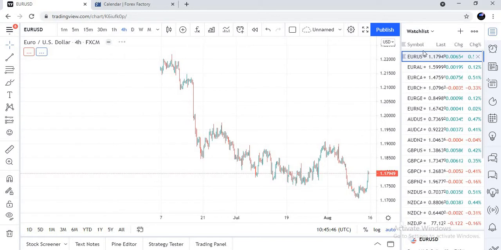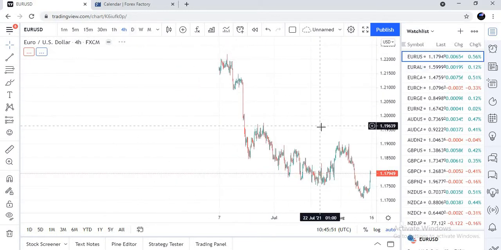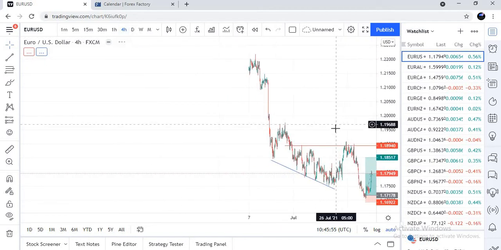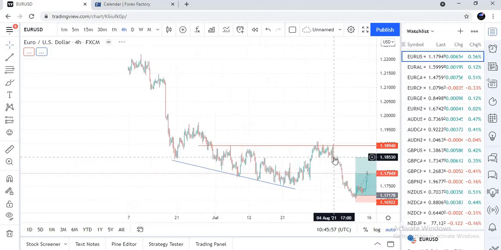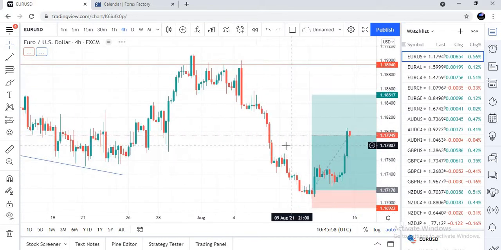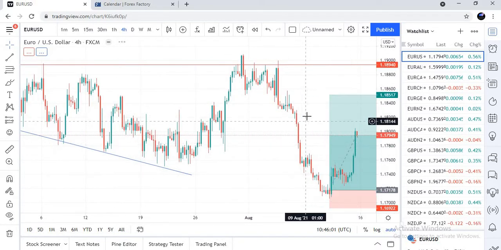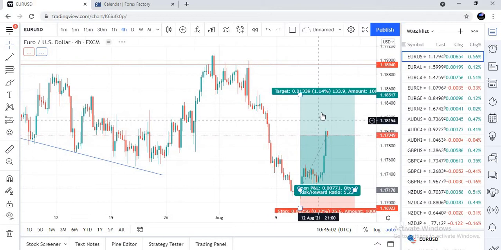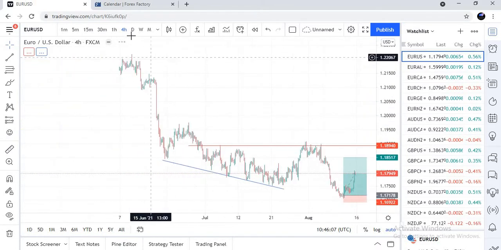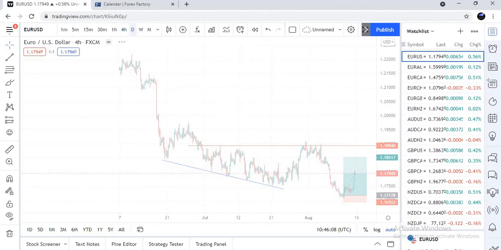You can watch our first analysis video where we analyzed all currency pairs to see how we marked up all our charts. So this is the EURUSD, and as you can see, we predicted that this is going to head for 133 pips. So let's just look at that on the daily time frame to see how this was analyzed.